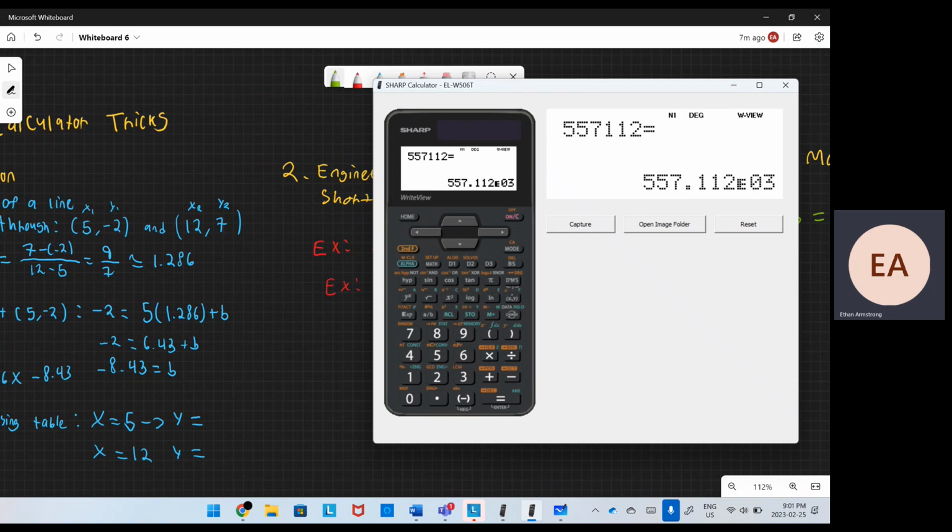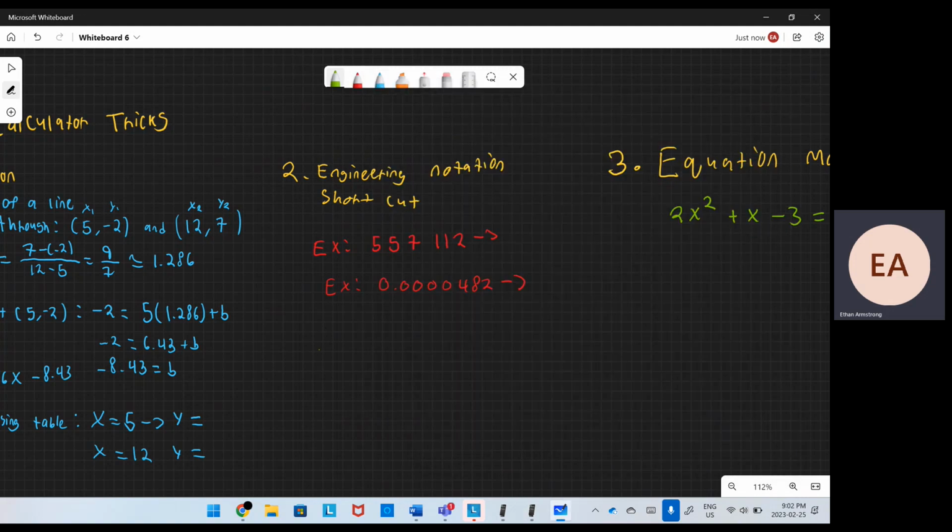So that would be 557.112, and that E basically means times 10 to the power of 3.